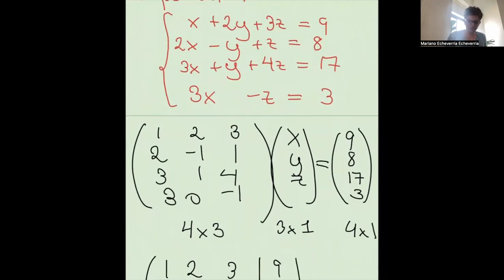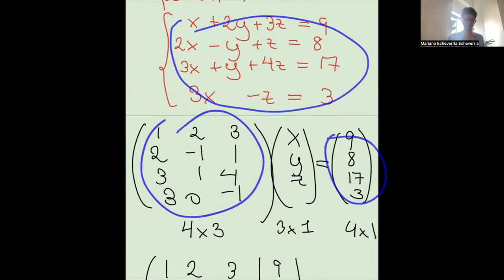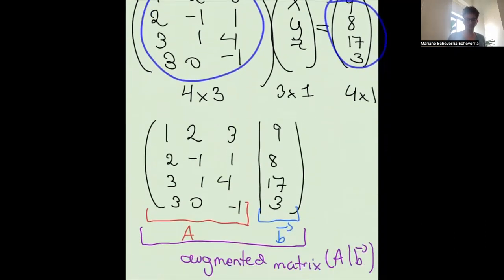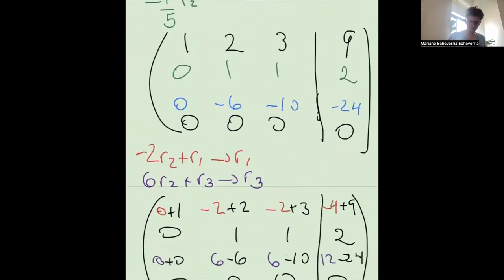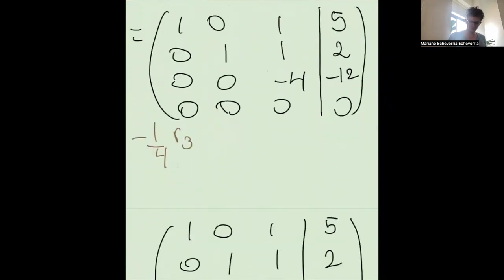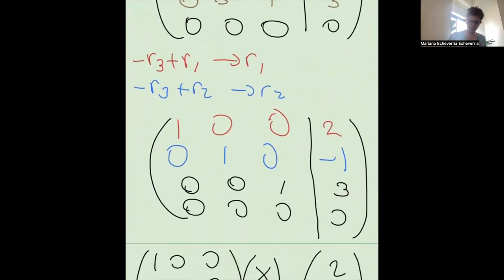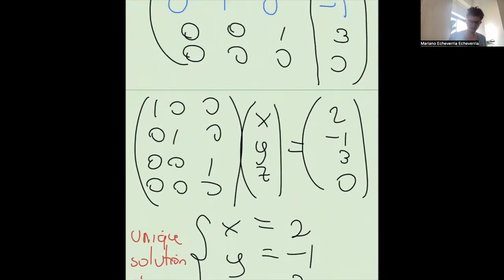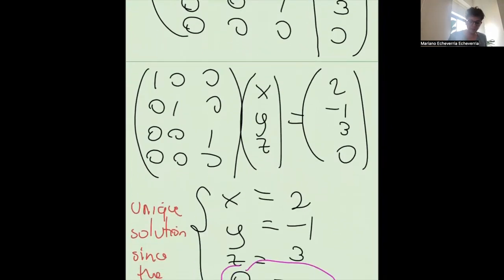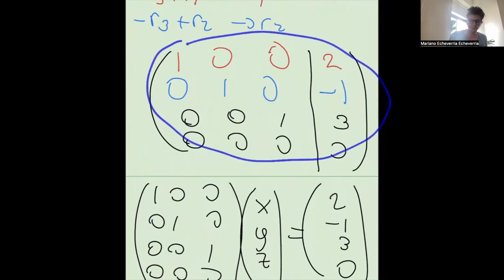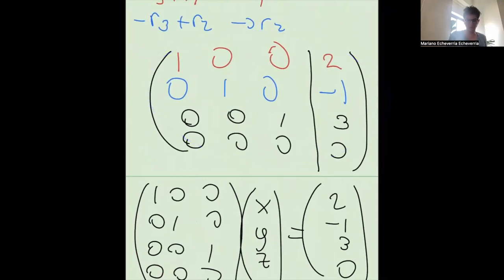So you have this system, you rewrite it in this notation, you start reducing using the row operations, and you get to something like this. This is where we stopped, in the row reduced echelon form.